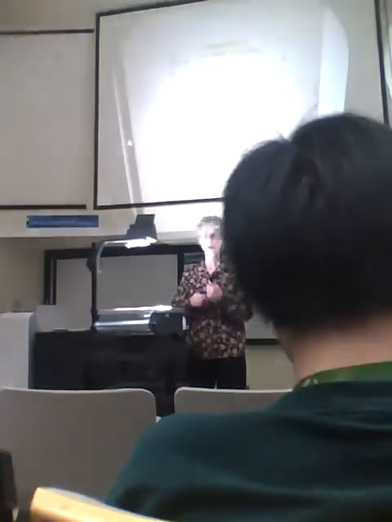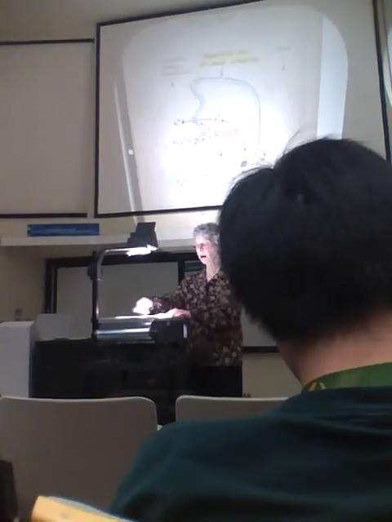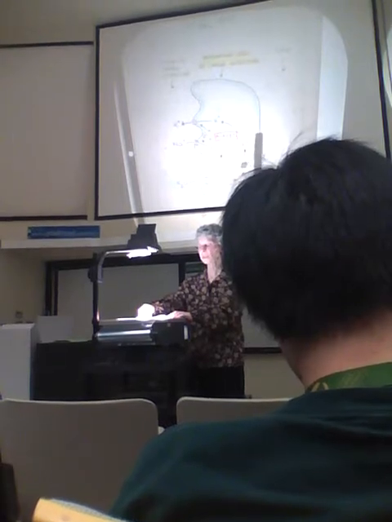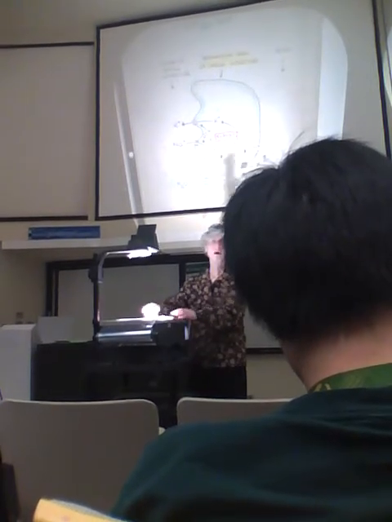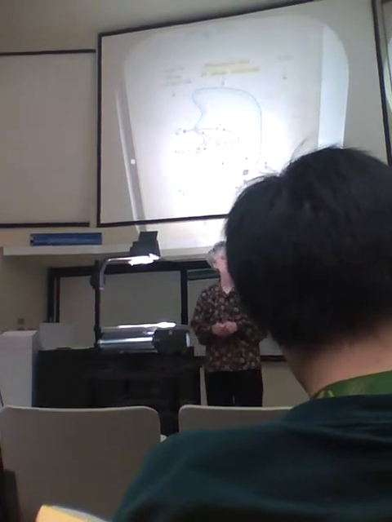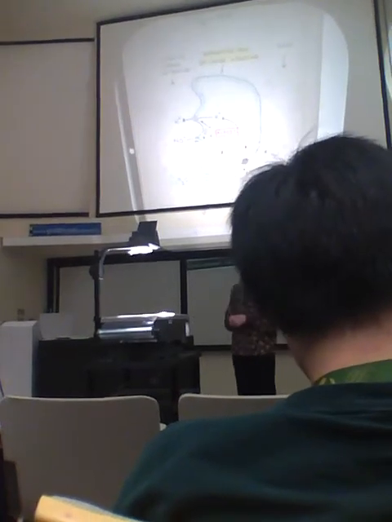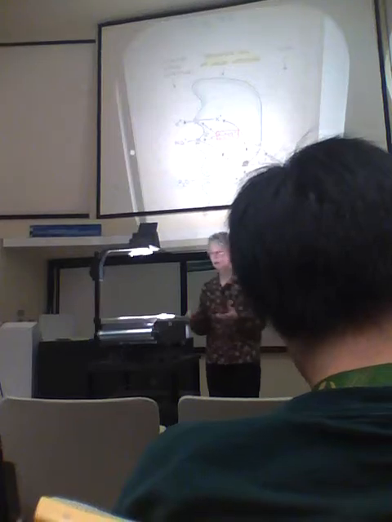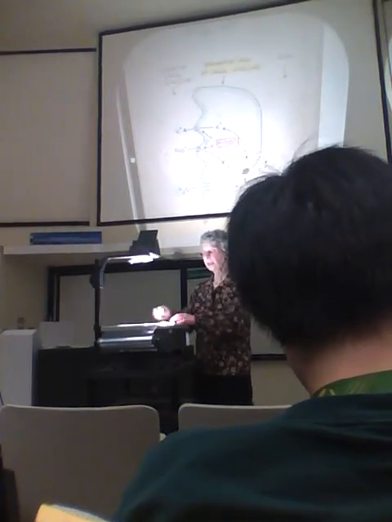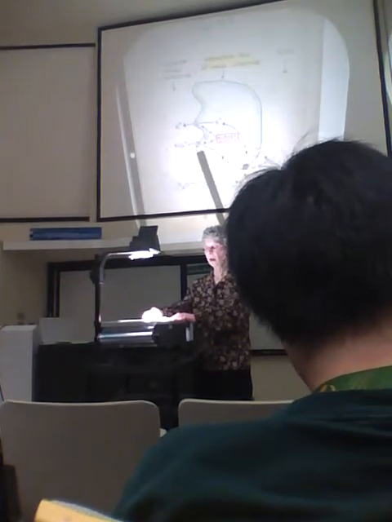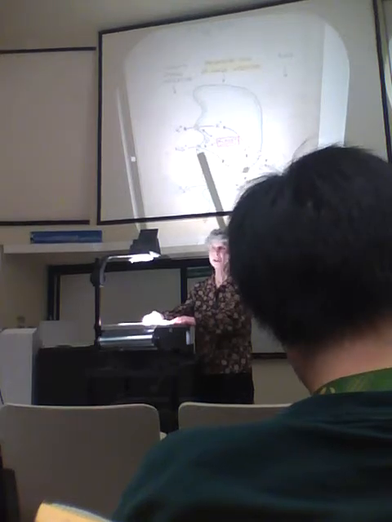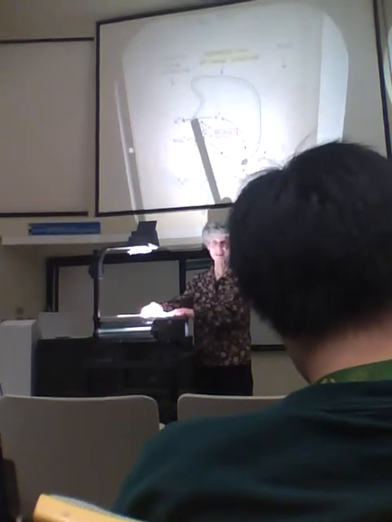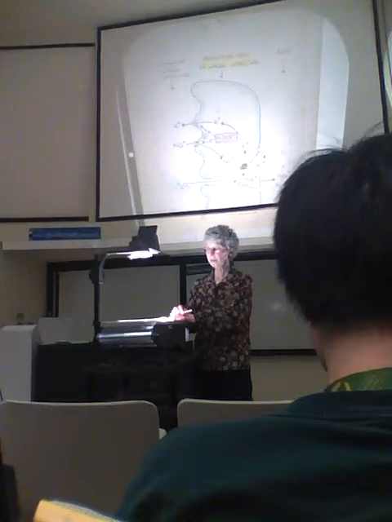Aldosterone is a fat-soluble hormone, which means that it can pass quite readily through cell membranes, and it binds to its receptors inside the cell, and then brings about changes, which you'll learn about later, including increases in the activity of sodium channels and potassium channels within these cells.